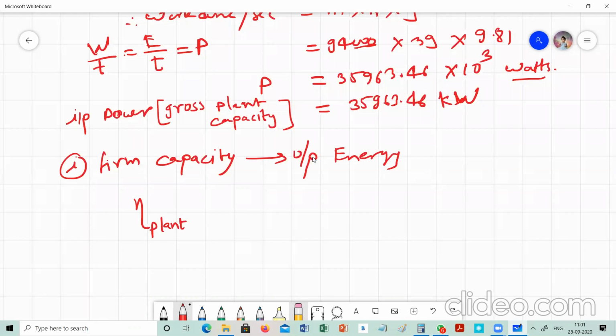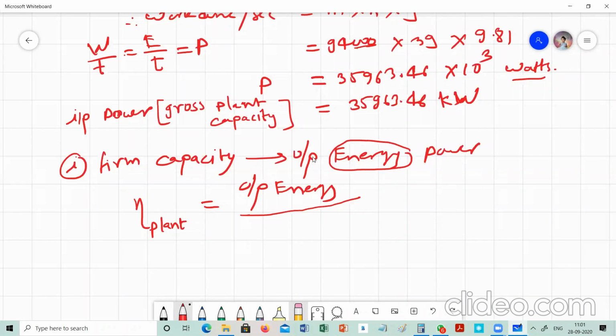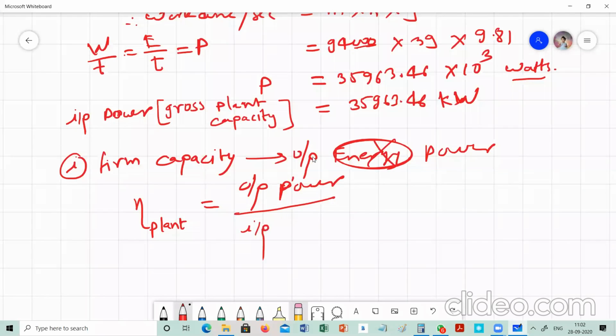So eta plant is equal to output energy, when there is a minimum runoff, divided by input energy. Sorry, here we have calculated input power, so instead of energy we have to use the word power, because the numerator and denominator must be the same. So output power divided by input power.